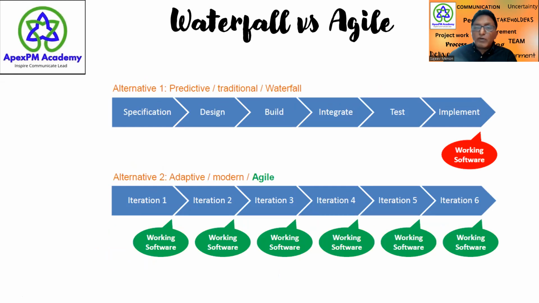In the predictive or waterfall method, you have to wait till the end of the project to see any results or working software. Whereas in the Agile setup, after every iteration, you have a minimum viable product or working software to demonstrate to the customer.